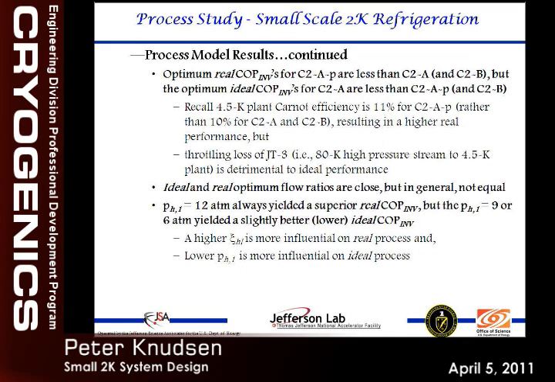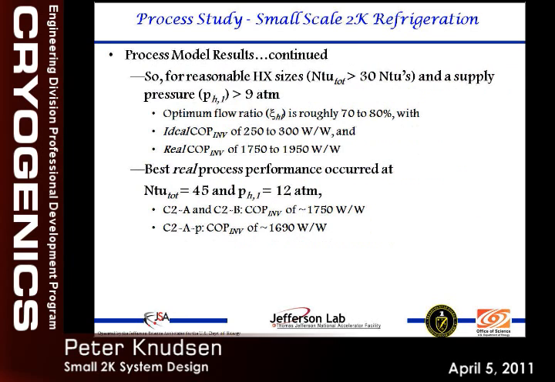That basically summarizes some more details of the results. I don't think we need to get into that so much. So the big points from all of those curves are that the optimum flow ratio is roughly between 70 to 80%, say 75%.